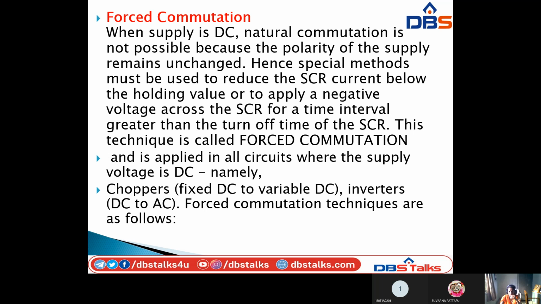Forced commutation is mainly used in choppers and inverters. It is used to reduce the SCR current below the holding value, or to apply negative voltage across the SCR for a time interval greater than the turn off time.